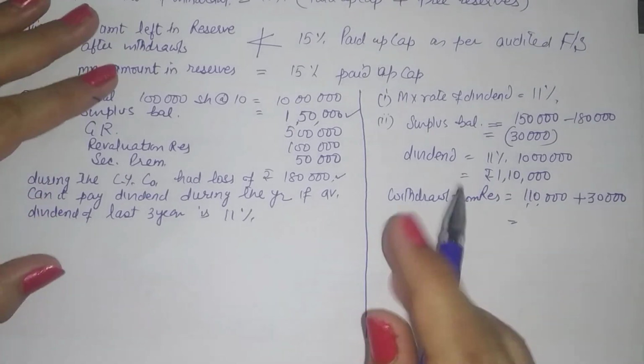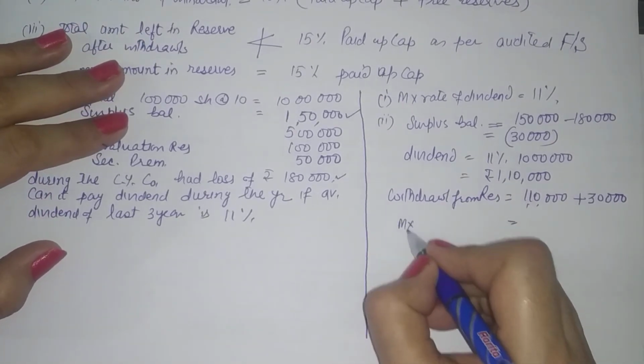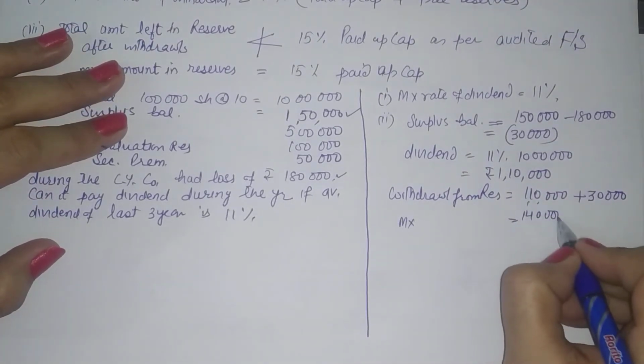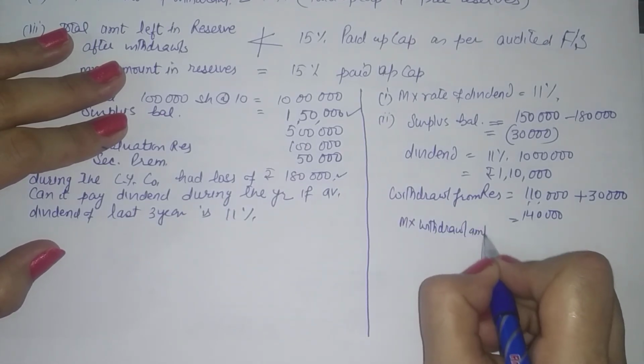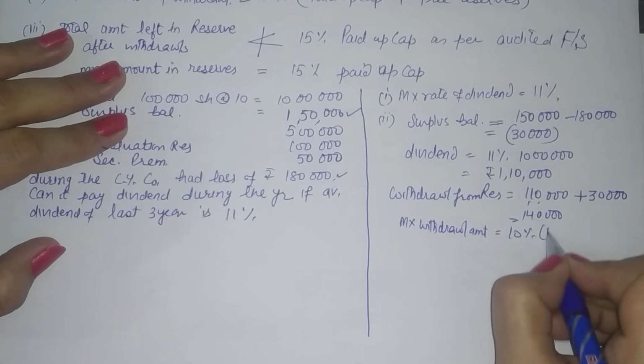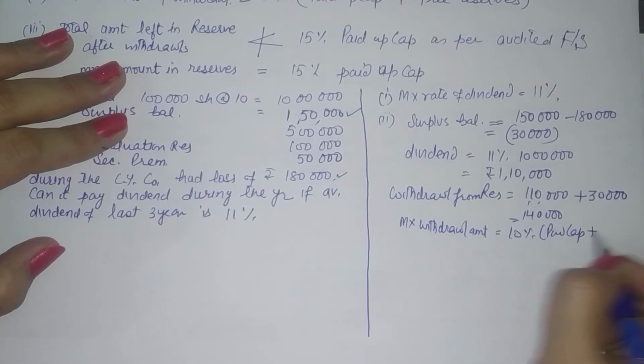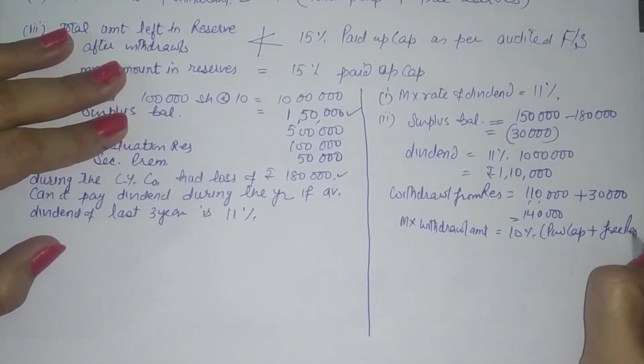Now the condition is the maximum amount of withdrawal. Maximum withdrawal amount is 10% of paid up capital plus free reserves.